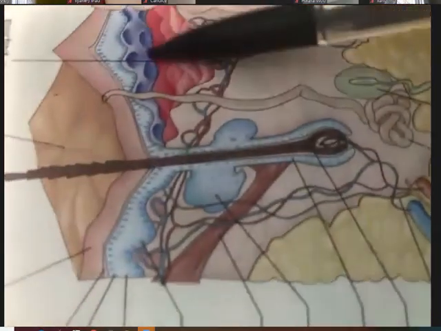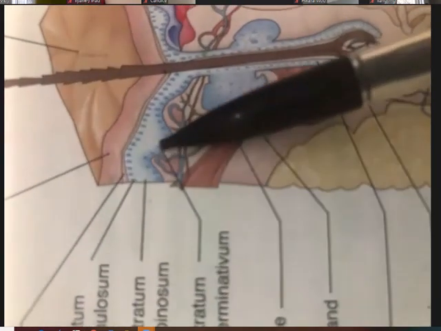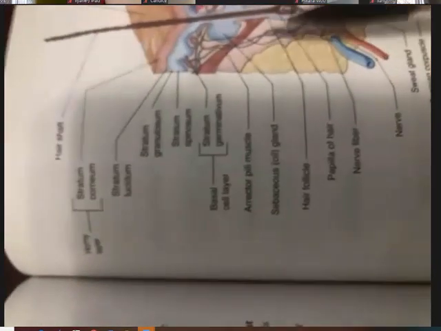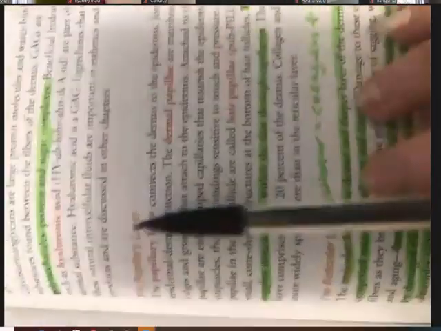Okay, so this layer here, the thin layer, is your papillary layer. Okay, so your papillary layer is thinner, 10 to 20%.